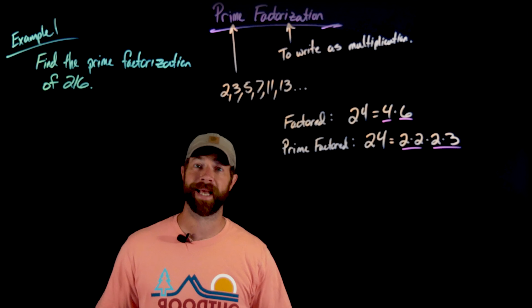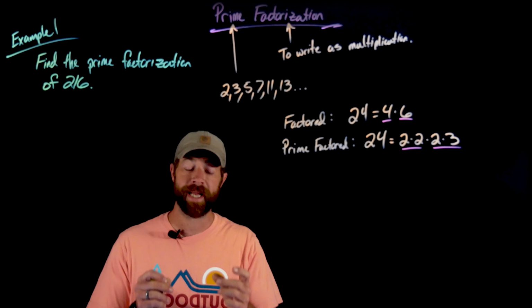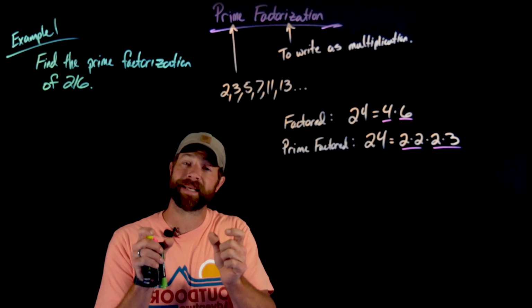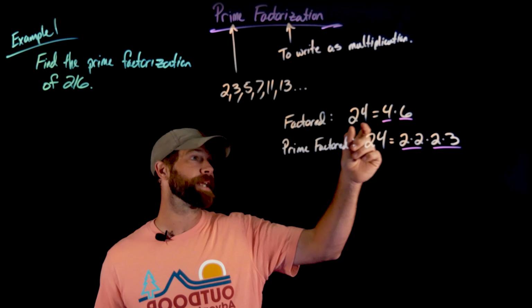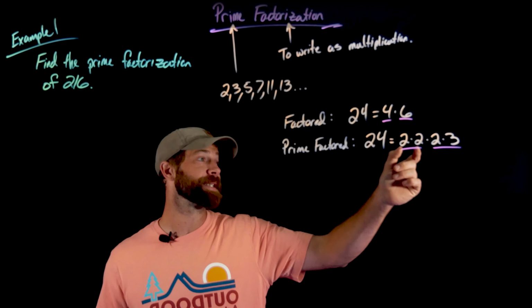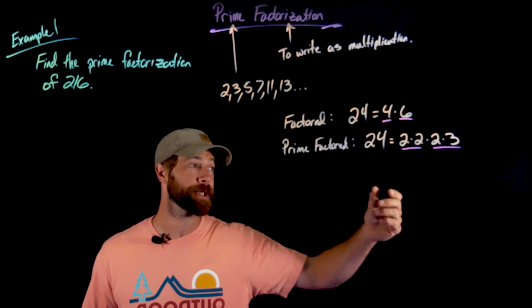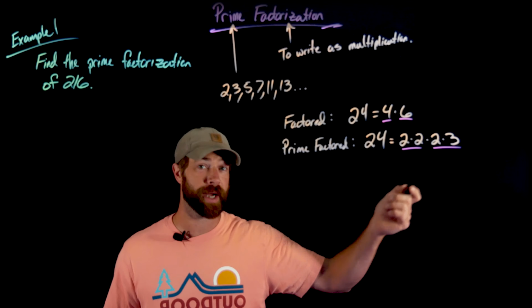Generally speaking, the technique of prime factoring is: take your number, factor it in any way, and then any of those numbers that can be factored again, keep on factoring them. So I've taken 24, written it as multiplication, then took my 4 and my 6 and wrote those as multiplication. If any of these numbers weren't prime, by the way, the word for numbers that aren't prime is composite.